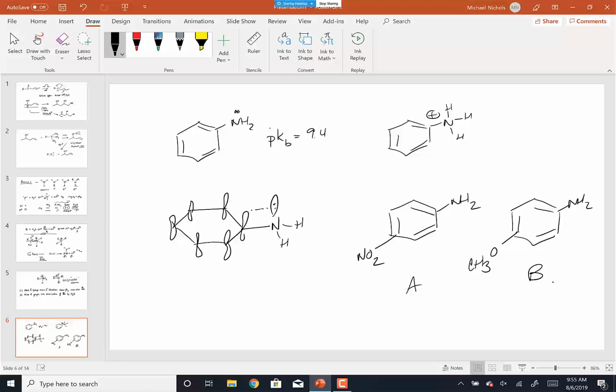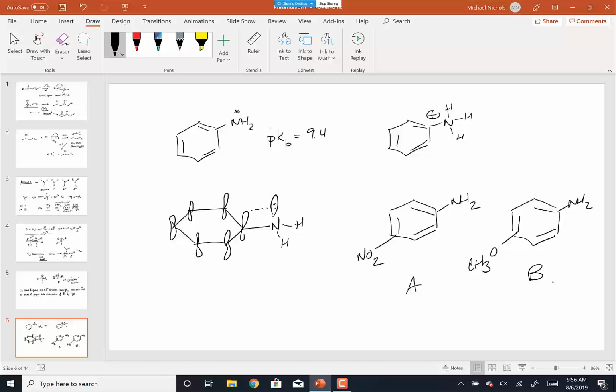The nitrogen will become more basic if you push electron density into it. Okay, how are you going to push electron density into the nitrogen? You're going to have to push electron density through the ring. Who's pushing electron density into the ring?